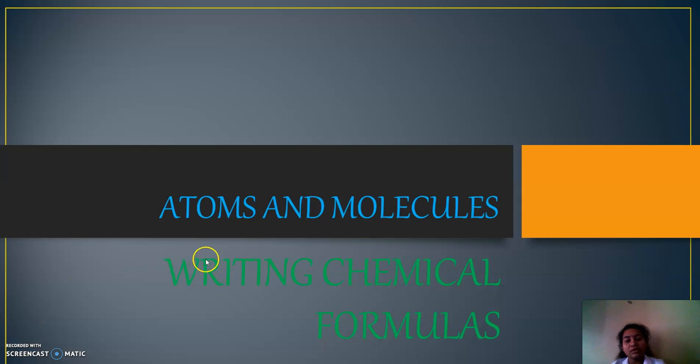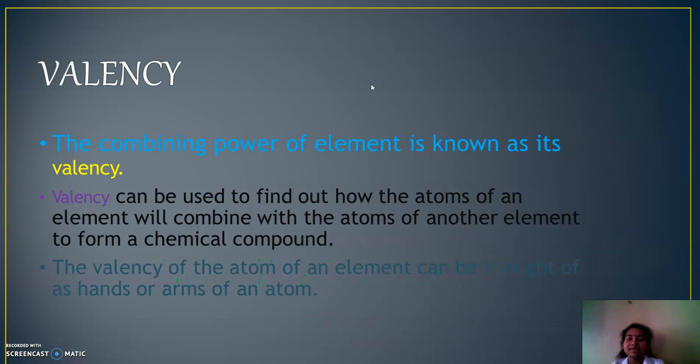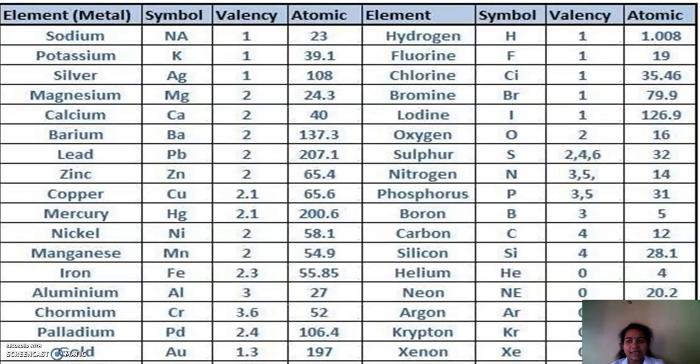So first of all, valency. We know valency is the combining power of an element. So valency can be used to find out how the atoms of an element will combine with the atoms of another element to form a chemical bond. Here we can see the valency of some elements.